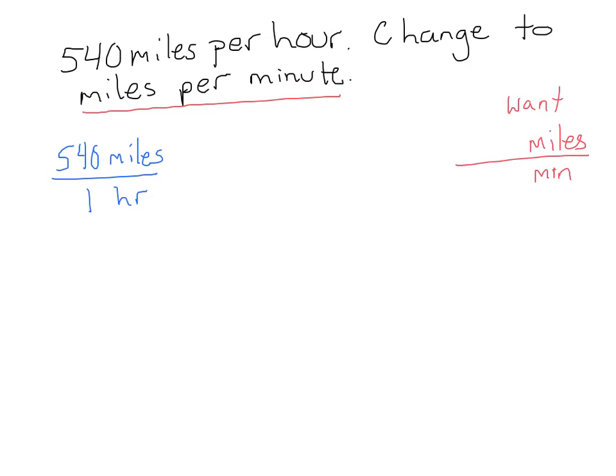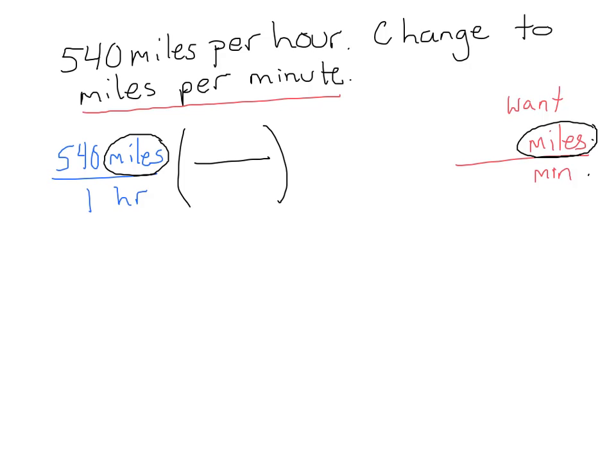We've got to multiply by some conversion factor that is equivalent that will leave us matching miles with minutes. Good thing we already have miles on top, and that's what we're after. So we don't need to change the measurement for distance, but we do need to change the measurement for time.